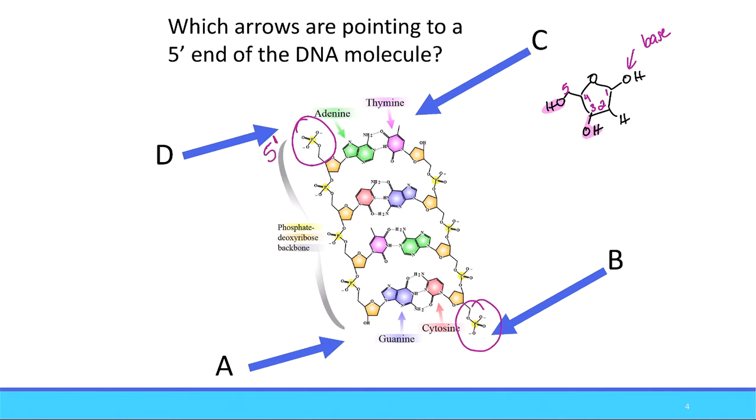So this is going to be a 5' end, and so is B. Oops, I wrote 3' instead of 5'. So both D and B are our 5' ends, and because D is a 5' end, this tells us that A is a 3' end, and C is also a 3' end. So both D and B are correct for this practice problem.